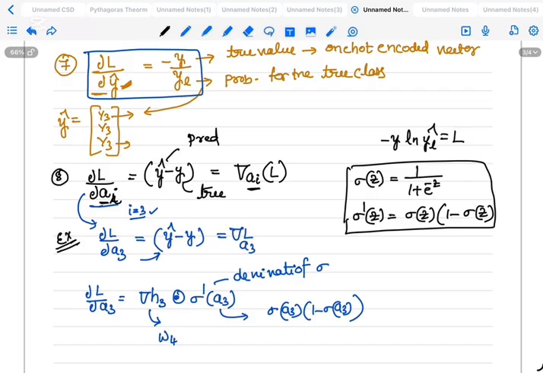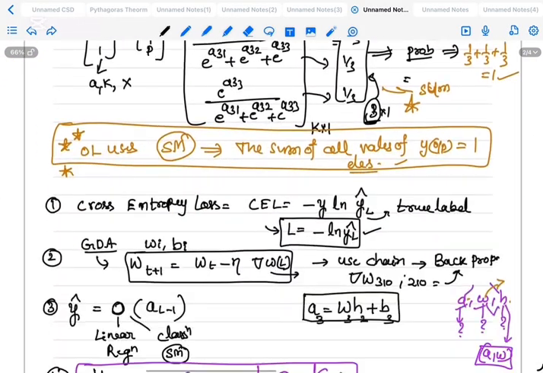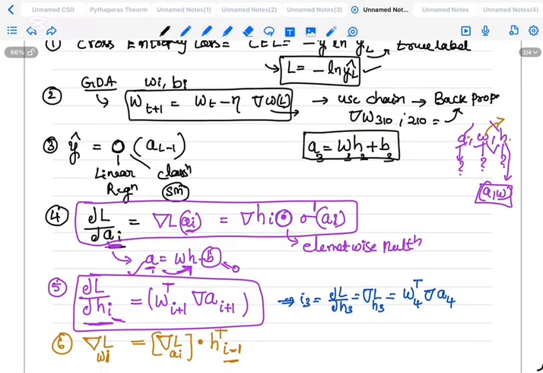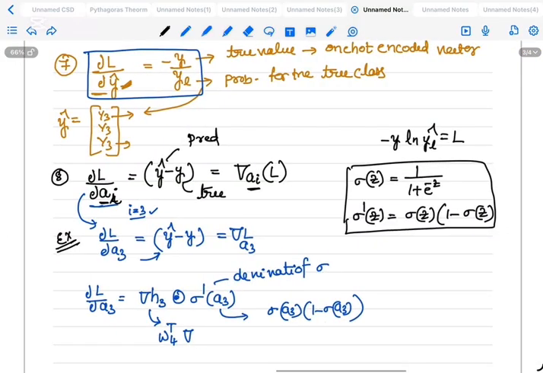So W4 transpose delta A4, times the Hadamard product of sigmoid of A3 times 1 minus sigmoid of A3.